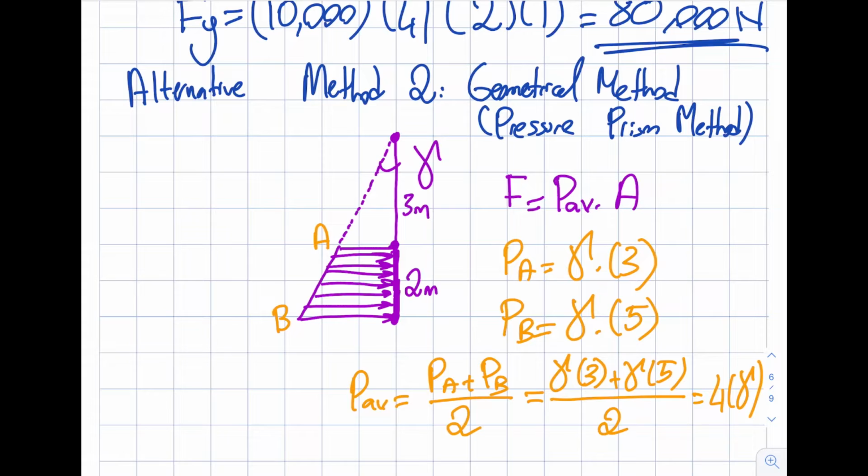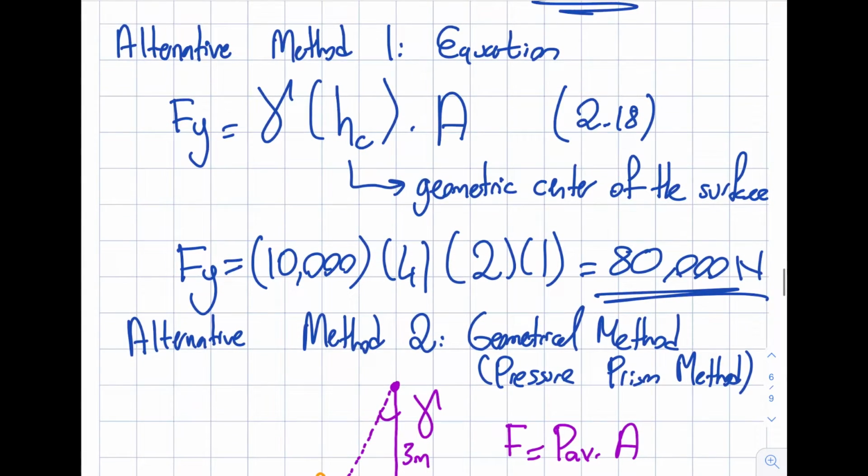I can even draw this like that, as this is symmetric. You can see this area will be this area. So basically it's over here, and that is right at the geometric center. There's nothing fancy going on in this equation. It all makes sense. It's the same thing that I'm talking about.